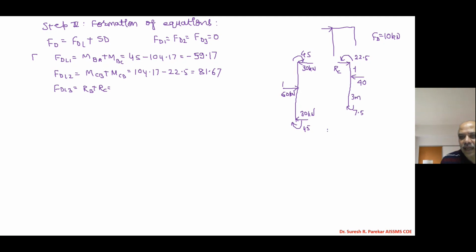So we will get RC into 4, clockwise minus 22.5 plus, sorry, anti-clockwise, plus 7.5, minus 40 into 3, which is equal to 0.